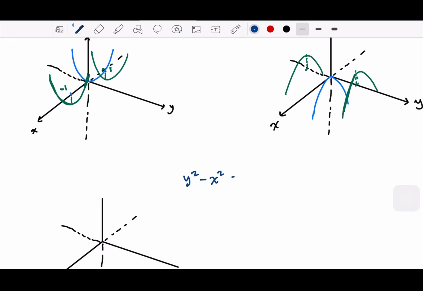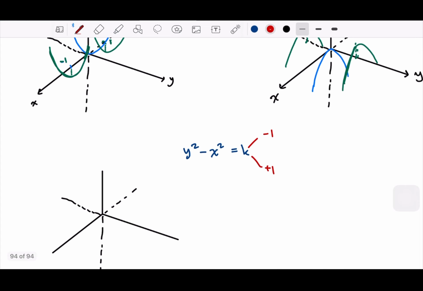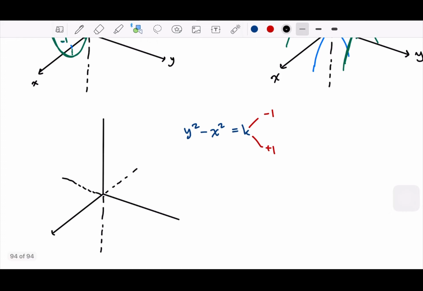And let's observe the hyperbola. This is difficult. So first we can take k as -1 and +1. If we take the sketch, then we will have the hyperbola for y² minus x² having two equations.